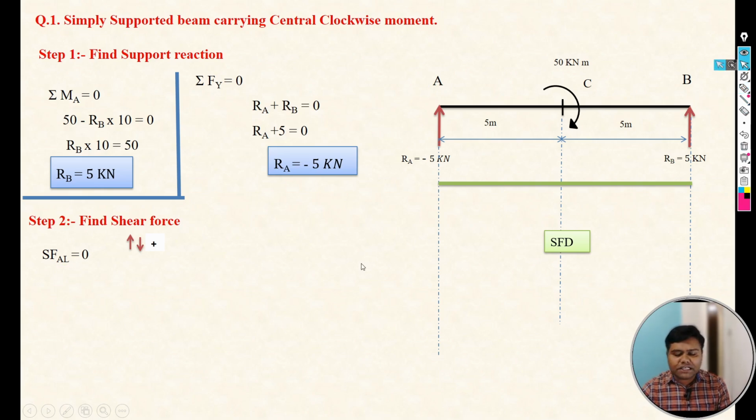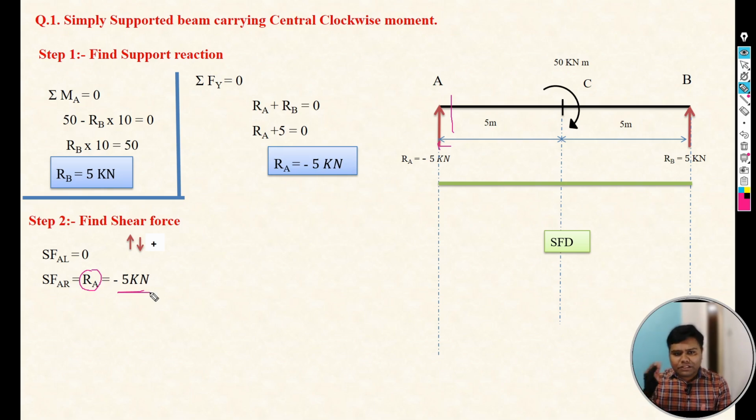Now after that, take the section at A right. On the left of that particular section, one force is there, that is Ra. The direction of that Ra is upward, so we need to take it as positive, but the magnitude of that Ra is minus 5 kilonewton, so we have to take it as minus 5 kilonewton.